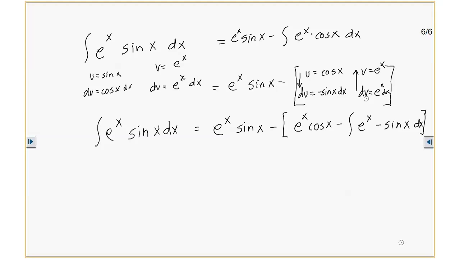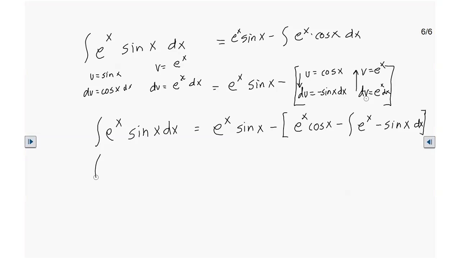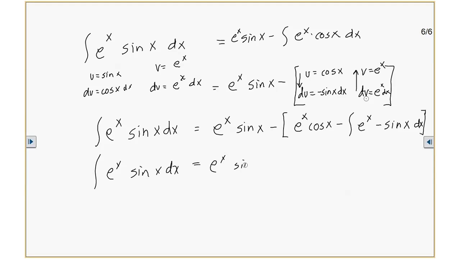I'm going to rewrite this. E to the x sine of x dx is equal to e to the x sine of x. I'm going to distribute this negative, but first, what does this negative do? Comes out.